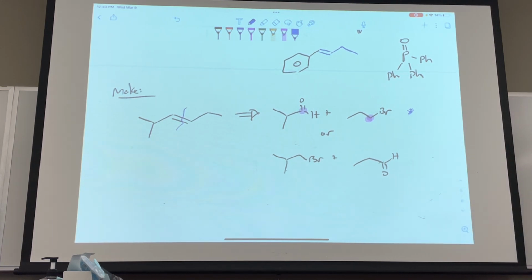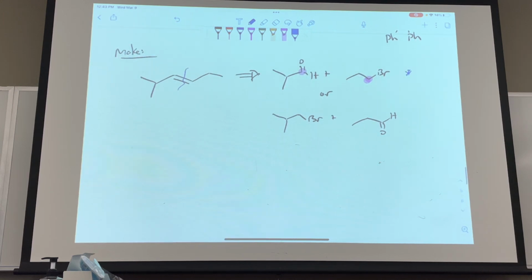And the way you would write this out, if you're going to incorporate it into a synthesis, is very, very simple. All you have to do is put the halide plus the carbonyl, and over the arrow, PPh3 and butyl lithium, just like that.